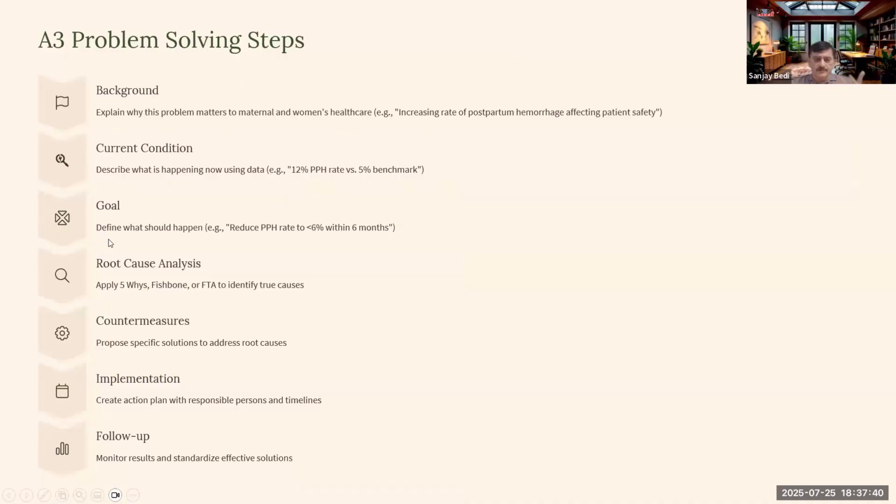The goal: defined by when you should reach the benchmark, 6 months, 1 year. Then do the root cause analysis, apply 5 whys, Fishbone or FTA, countermeasures, specific solutions to address the root causes, implementation, and the follow-up.